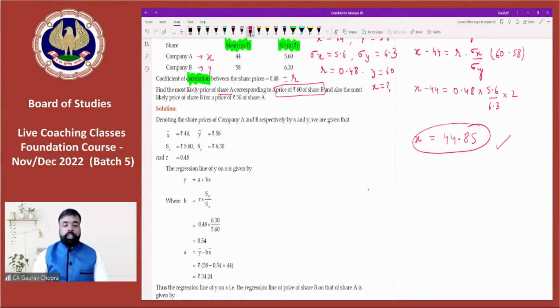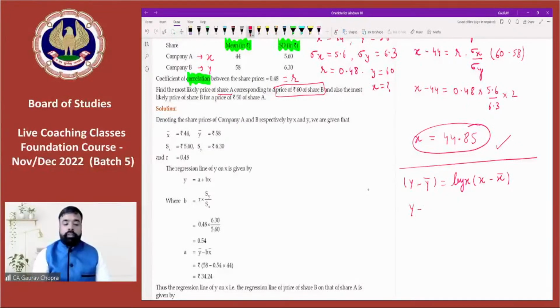Now, similarly, you can try the second one. Y minus Y bar is equal to byx into x minus x bar.